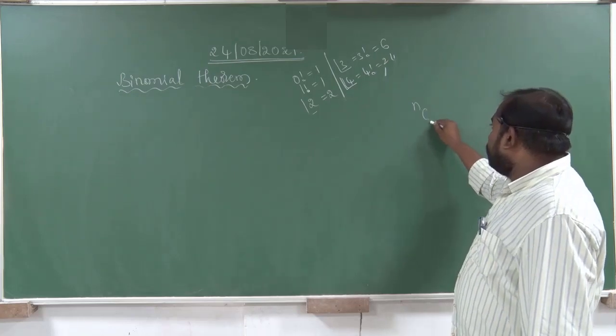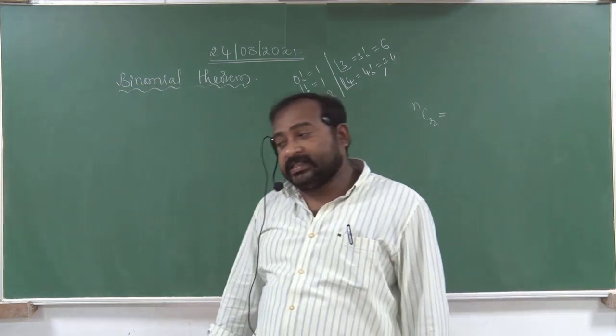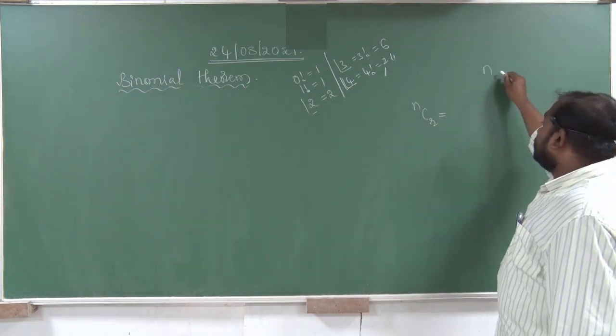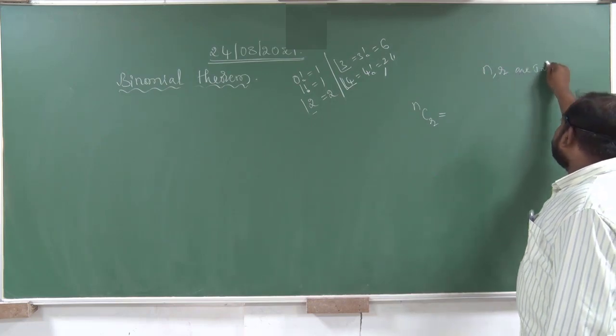Now, one more formula to identify the binomial coefficients: we will use NCR, where N and R are integer values.